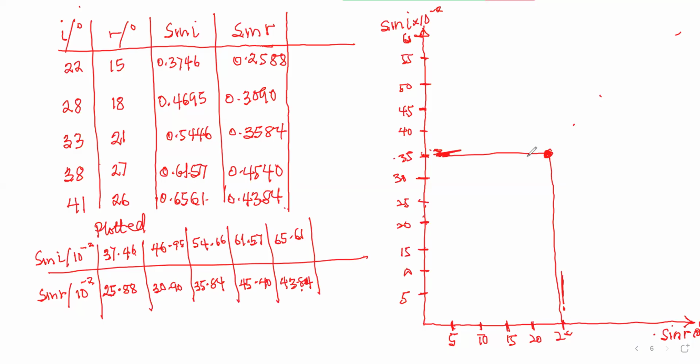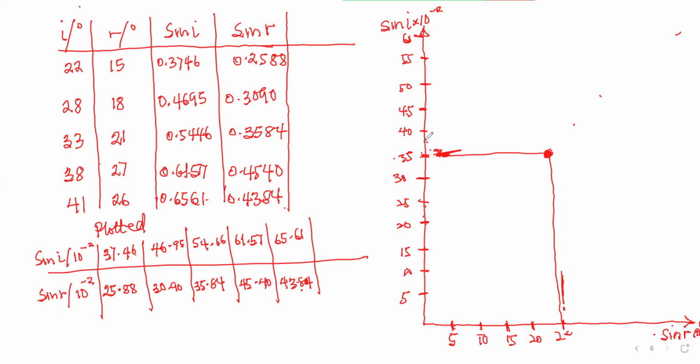So please, when you are plotting the sine out, the interval between 0 and 5, each box will be 0.5. But then you have two decimal places, and each box is to one decimal place. So how are you going to plot those two decimal places? Supposing I'm to plot the first value, 37.46.